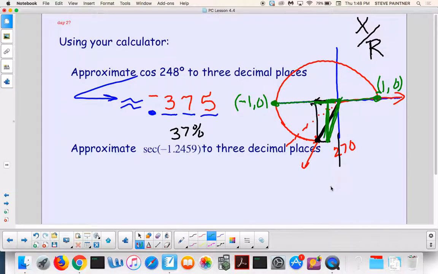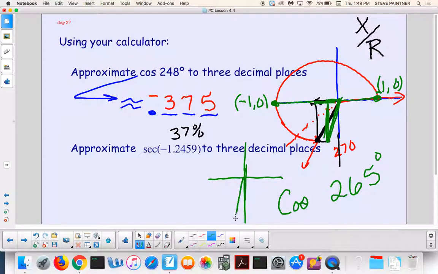So what would you guys expect cosine of 265 to be? Would you expect a really close number to -1 or closer to 0? If you get that 265, you're practically a sliver down, aren't you? 265 is there.